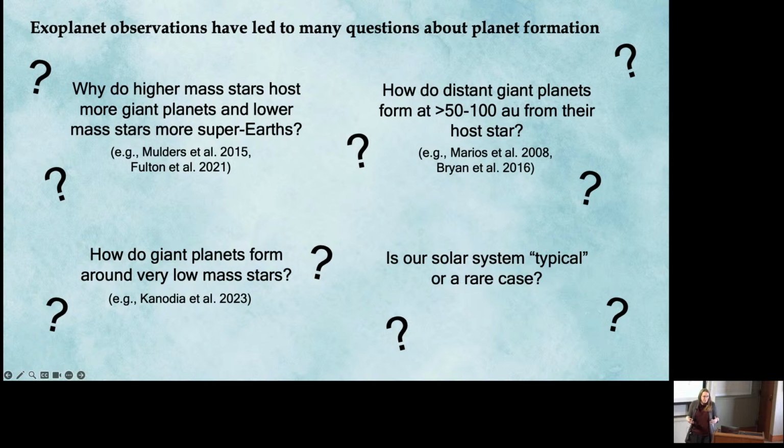Through exoplanet observations, several trends have led to questions about how the planet formation process occurs, including why do higher mass stars host more giant planets and lower mass stars more low mass super-Earth planets? How do giant planets form at large distances from their host star where we don't expect there to be as much material available?